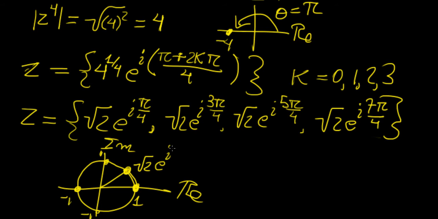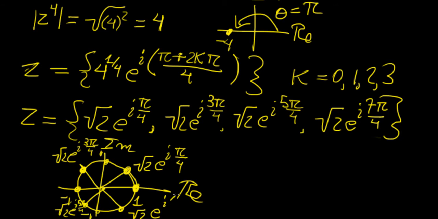That's i pi on 4. Then the second one is going to be around here. So that's root 2 e to the i 3 pi on 4. Then this one is going to be root 2 e to the i 5 pi on 4. And then finally we have root 2 e to the power of i 7 pi on 4.